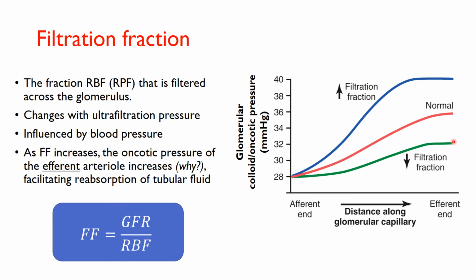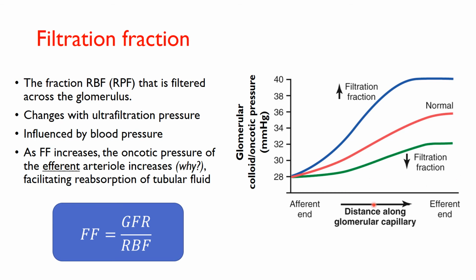So this is showing you the relationship between oncotic pressure in the glomerular capillaries as it begins at the afferent end, and then by the time you get to the efferent end. And you can extrapolate, leaving the efferent end of the glomerular capillary, that turns into the efferent arteriole, which turns into what? That turns into the peritubular capillaries.